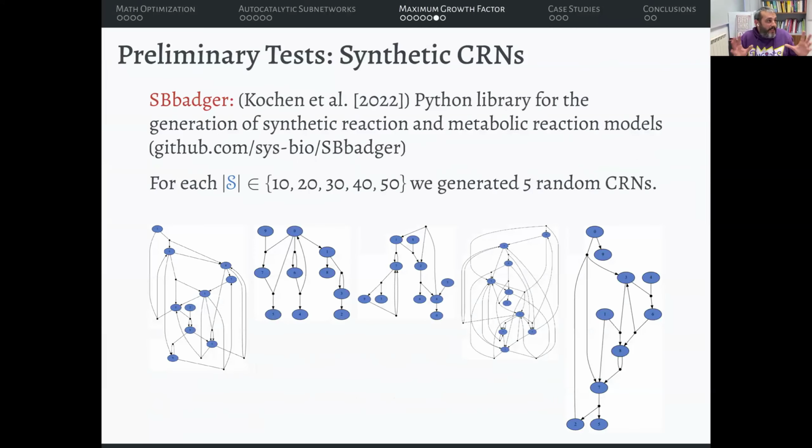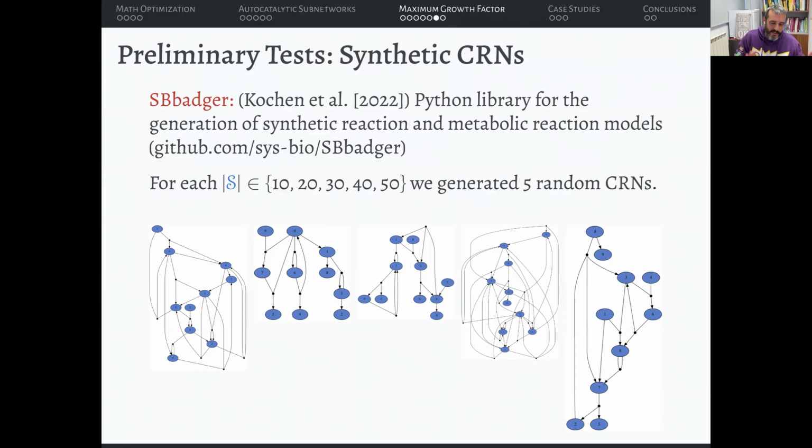Then the first thing that came into our mind is, solving autocatalytic problems is a difficult NP-hard problem because we need to solve an integer programming problem, which is a difficult type of problem. But how difficult is it to compute the maximum growth factor?